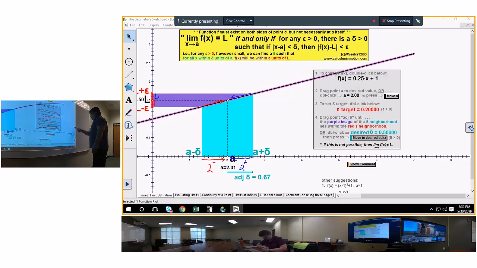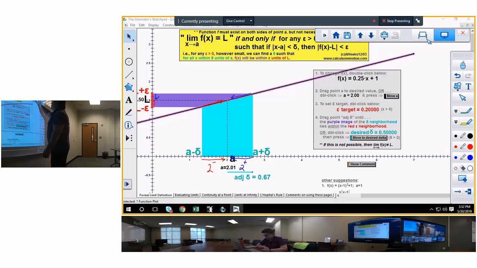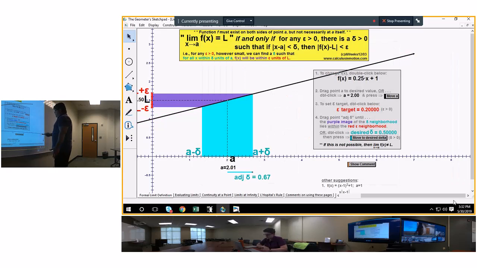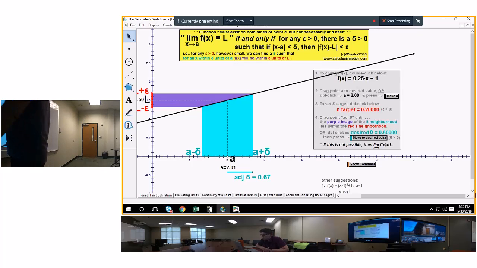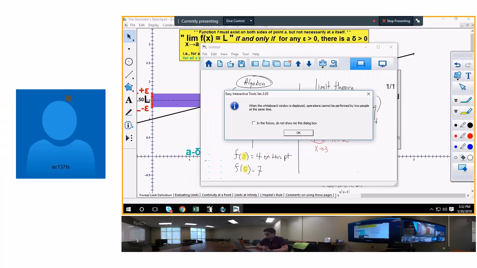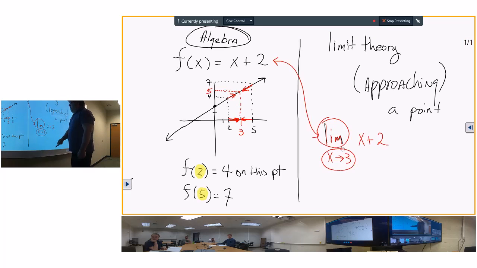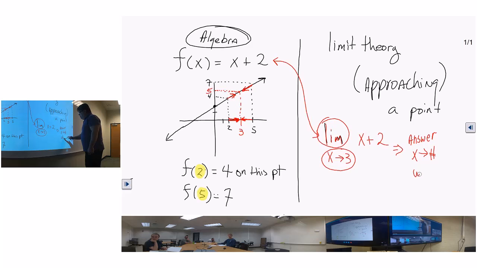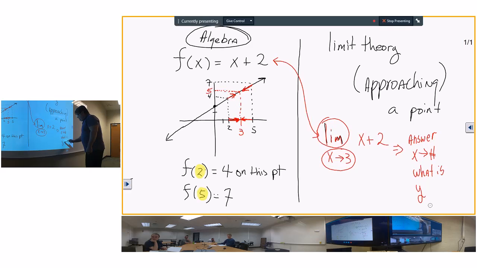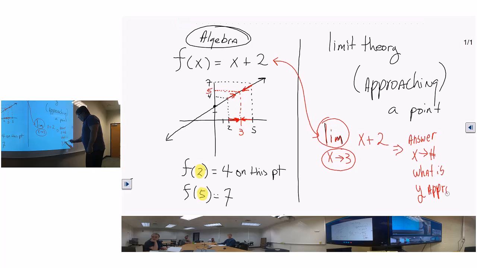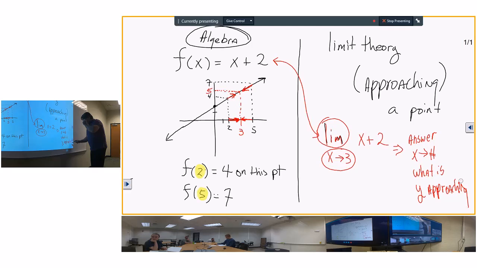So when you're given a limit, normally, when you're approaching a limit and they give you this thing right here, basically what you're going to be given as an answer is: as x approaches a number, what is y approaching?